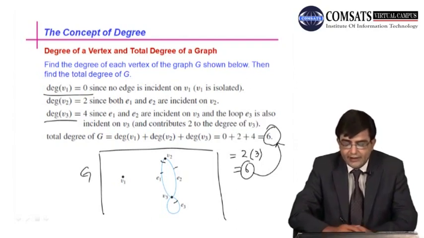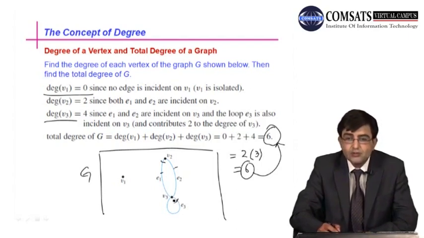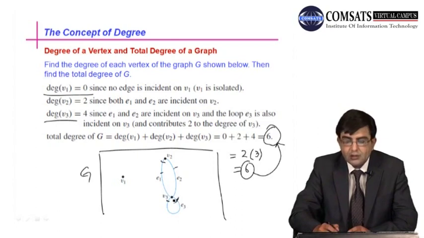And a loop is incident on v3 two times, because the endpoints of this edge E3 are v3 and v3. It is incident on v3 here and here, so it also contributes 2 degrees in the graph.